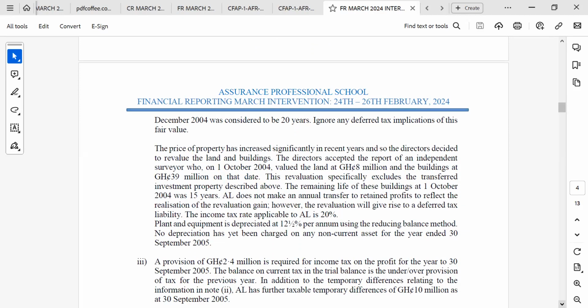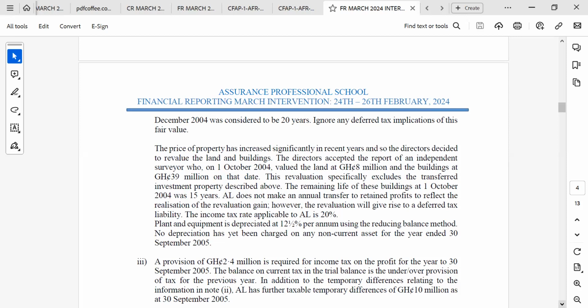The directors accepted the report of an independent surveyor who on 1 October 2004 valued the land at 8 million and the buildings at 39 million on that date. This revaluation specifically excludes the transferred investment property described above. The remaining life of this building at 1 October 2004 was 15 years.